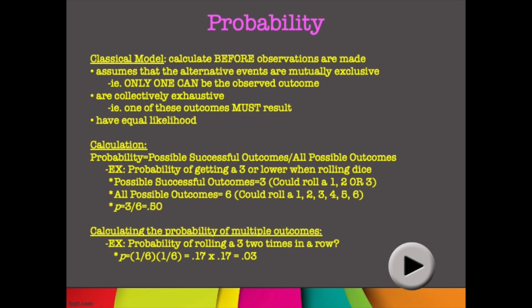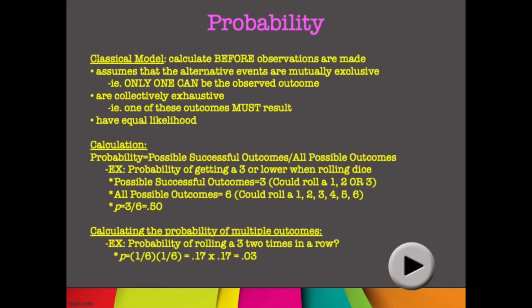If I wanted to calculate the probability of multiple outcomes, I would need to calculate them independently. For example, let's say this time I want to know the probability of me rolling a 3 two times in a row. There are 6 sides to a die and I want to get a 3, so I would have only one possible successful outcome, a 3, over all possible outcomes, which would be 6 because there are 6 sides of the die.